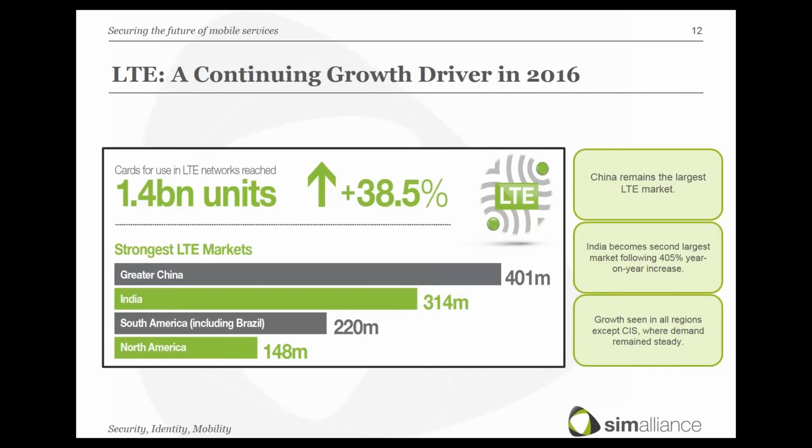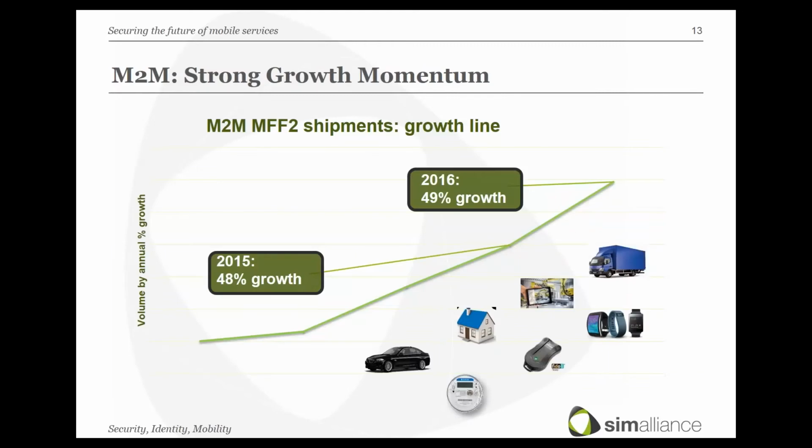Greater China is making up for this already mentioned 400 million pieces. India is second with 314, and then South America and North America are next. So you see that this is an extremely dynamic market, and we expect this still to be continuing for quite some time.